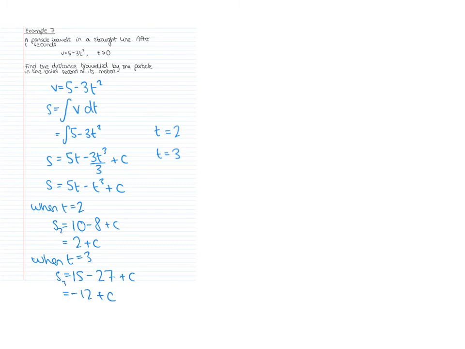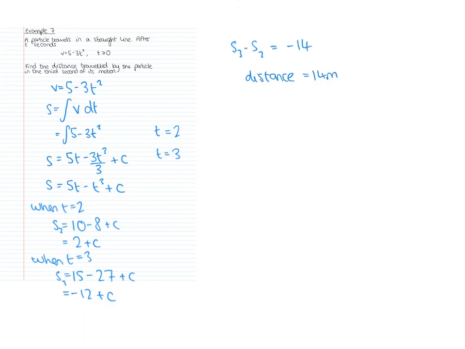So the difference between the two is, so S3 minus S2, the C's are going to cancel out, and so we get an answer of minus 14, because it's minus 12 subtract another 2. As a distance, we don't have a negative distance, we might have a negative displacement, but distance is always positive.